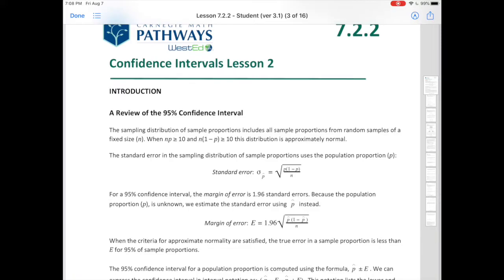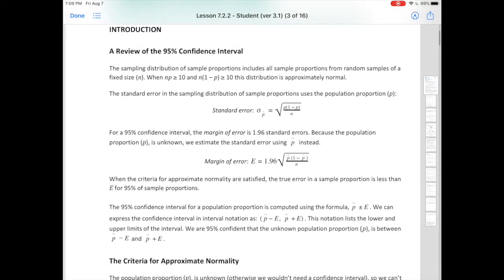For a 95% confidence interval, the margin of error is 1.96 standard errors. Because the population proportion p is unknown, we estimate the standard error using p hat instead.